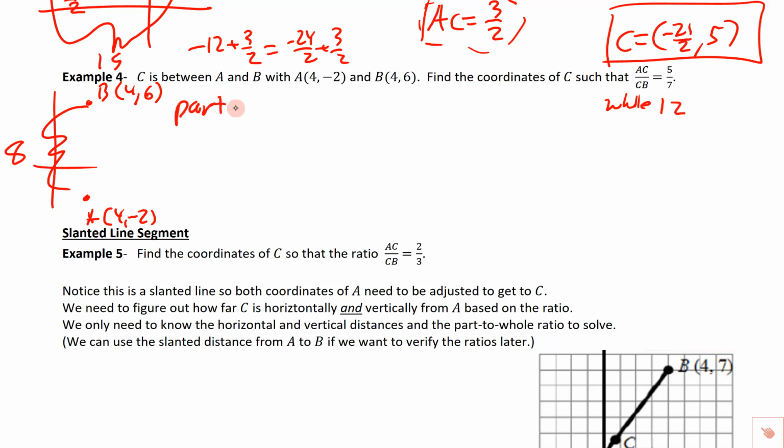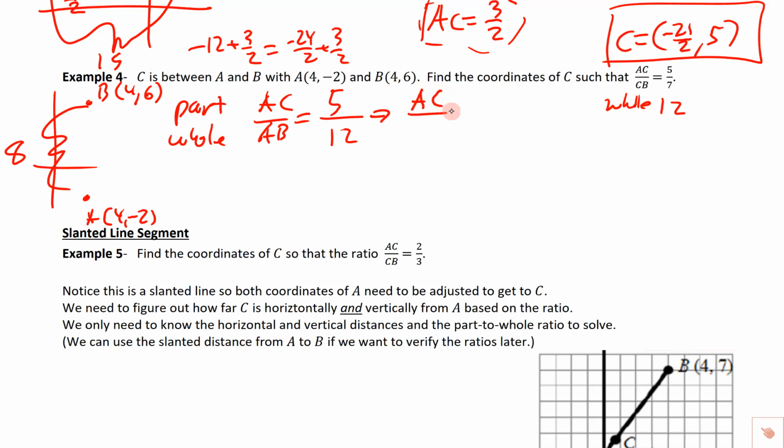So we're going to do the part that we want, which is AC, over the whole, which is AB. And that should be in a ratio of, we take that top part, 5, over 12. Take the bottom part, which should be the whole part, that's going to be 12. And now we have something that we can solve because we've got a link here.